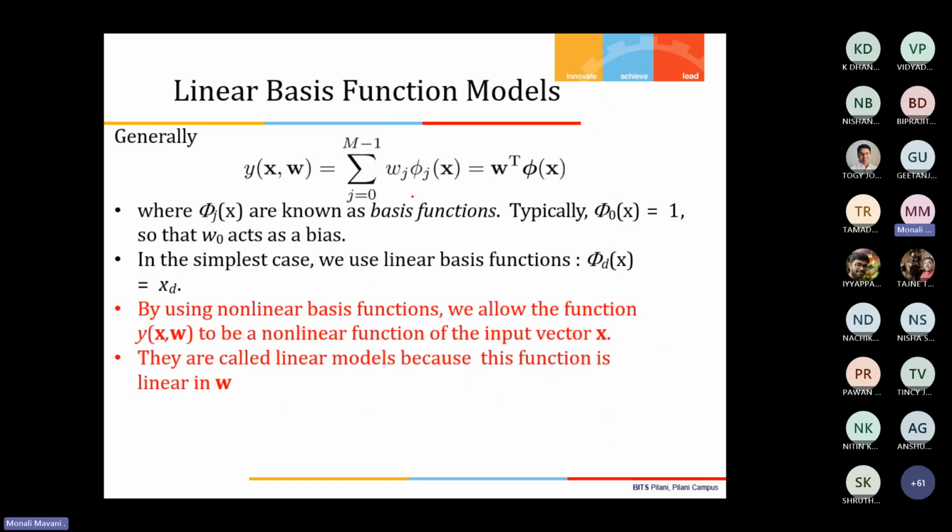In general, here I'm explaining the concept of basis function. Our model is W transpose X in vectorized form. Rather than X, in the previous case, we replaced it with a sum of Wj into X raised to J, some degree polynomial.